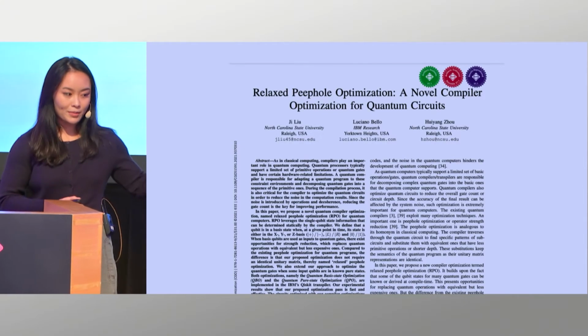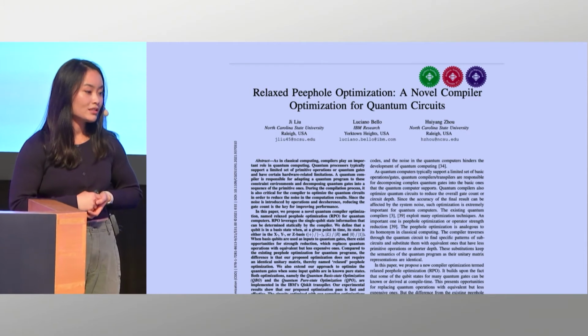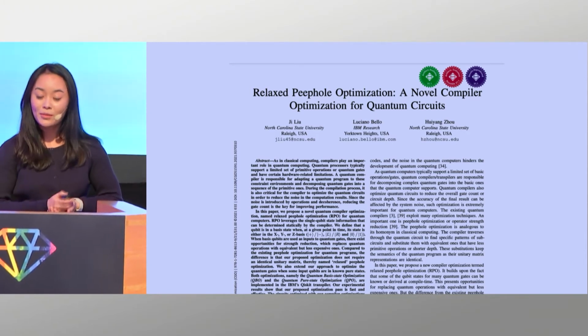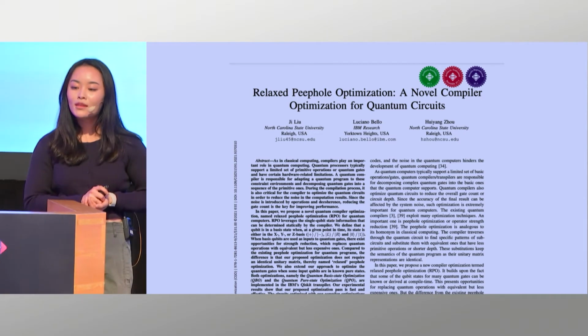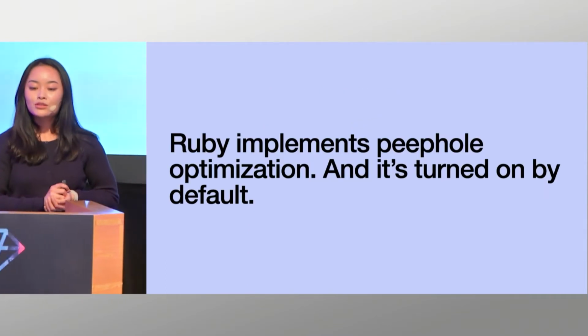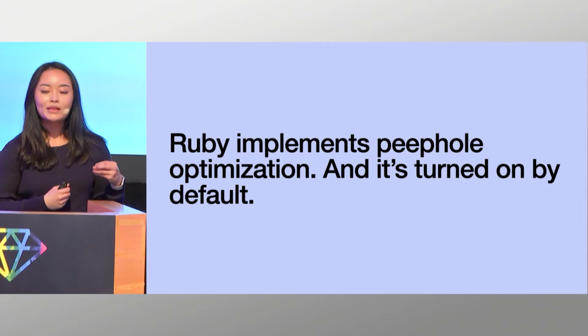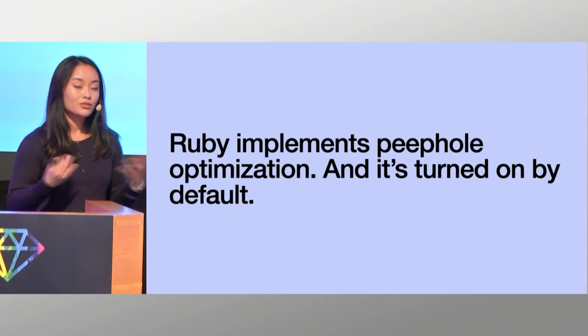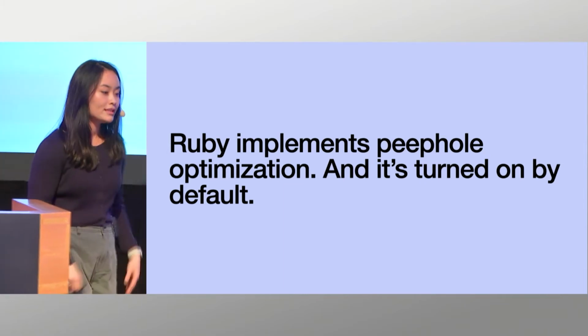This is just a paper I found: peephole optimizations could also be used to optimize quantum compilers, which is really cool. Another note is that Ruby currently implements peephole optimization already, so you use it in your Ruby code. It's turned on by default.